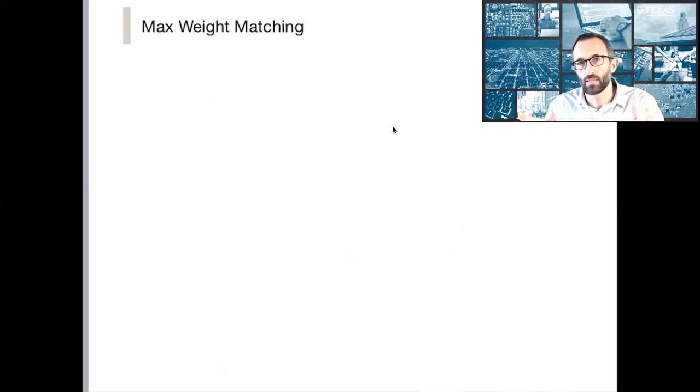Two things we haven't discussed. How do we find a maximum weight perfect matching? And what about just a max weight matching in graphs that don't have a perfect matching? So this is straightforward.